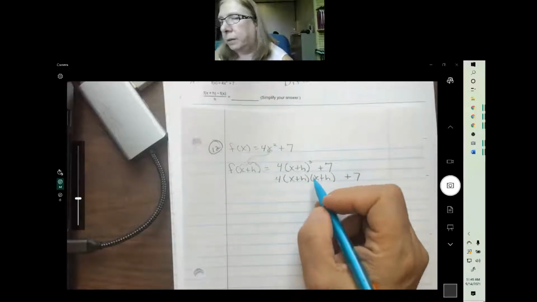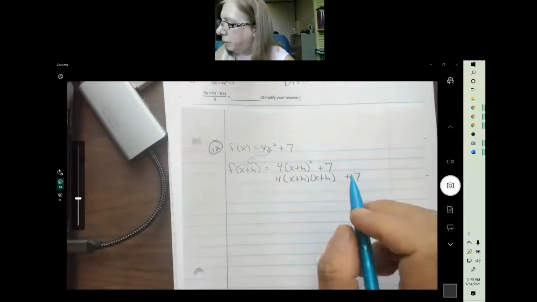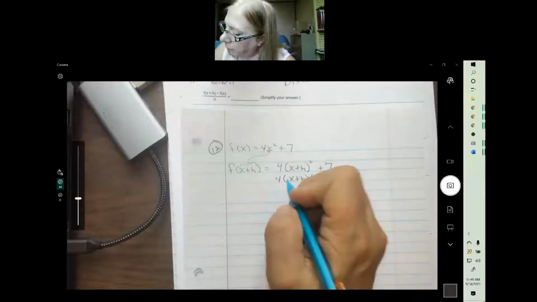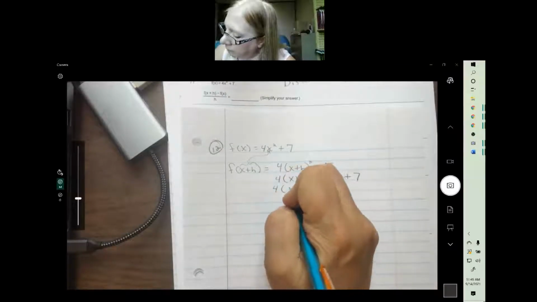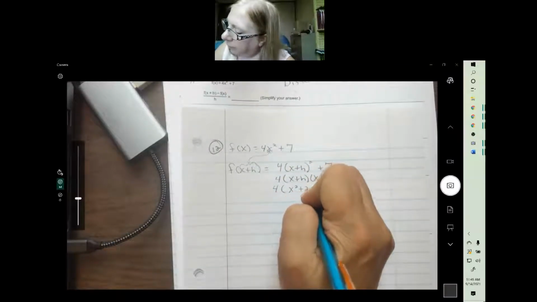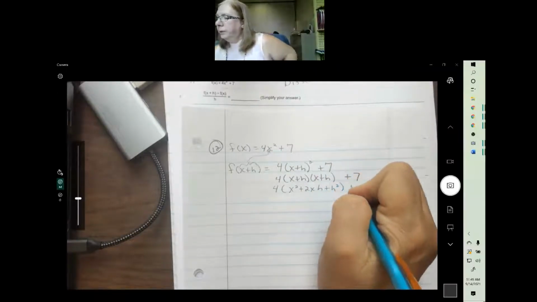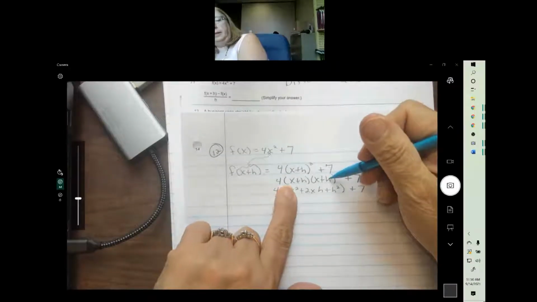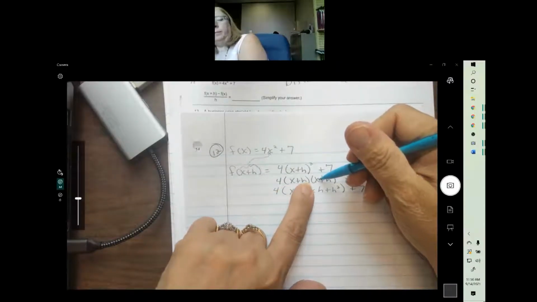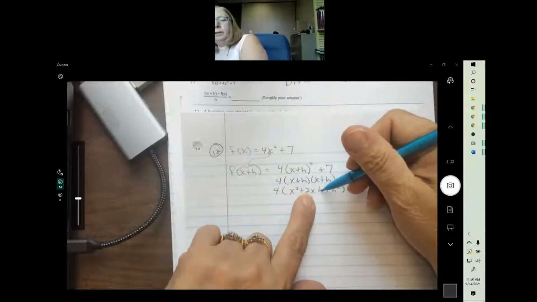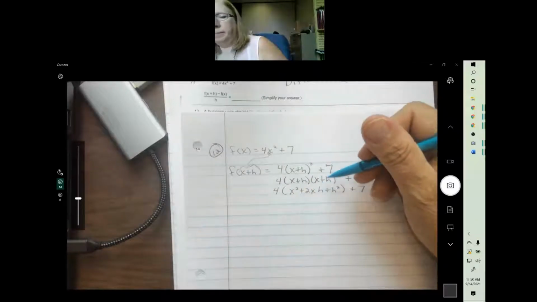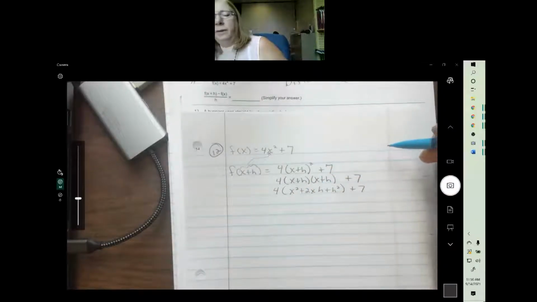When you FOIL this, don't lose your middle terms. If you can FOIL them all at once or combine them, for instance, I multiply my outside, I get xh. Multiply inside, I get xh, so that means there's 2 of them. So if you can skip that step, that's good.